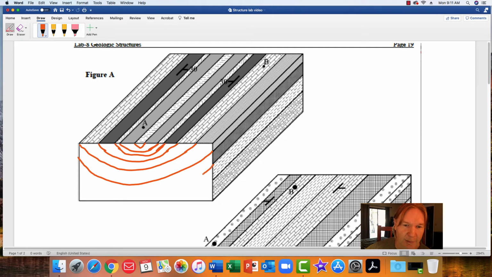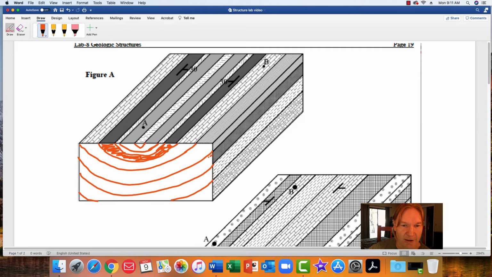This one's going to come along like this. And this one's going to go down like that. I do not know what's below this sort of brick-like layer here, so I'm just going to leave that one. And I can shade in a couple of these just so I can see what the structure looks like, that this is indeed a syncline.